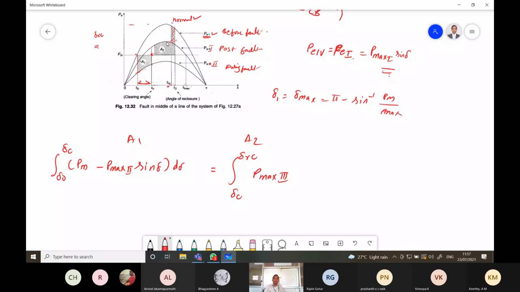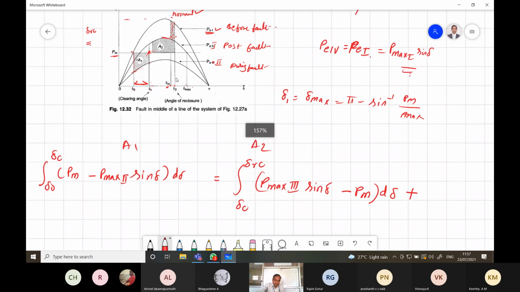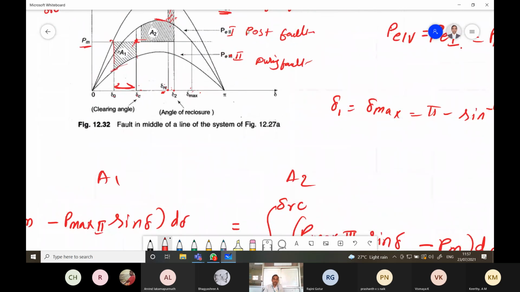That is the integral of P max 3 sine delta minus PM, this is PM, into d delta, plus this one. So A2 is the combination of two, this plus this, and we need to calculate both.